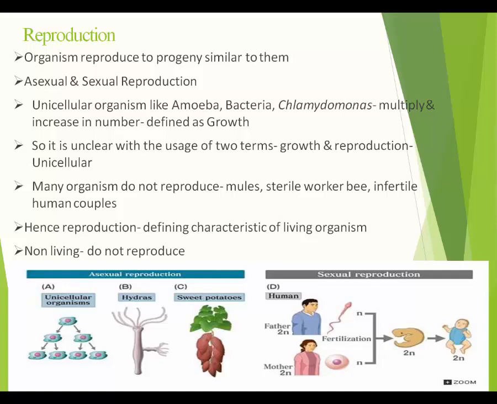Two types of reproduction are there, asexual and sexual modes of reproduction. Unicellular organisms like amoeba, bacteria and chlamydomonas multiply and increase in number. In some way you can say that this is growth. So in the case of unicellular organisms, growth and reproduction are almost the same.